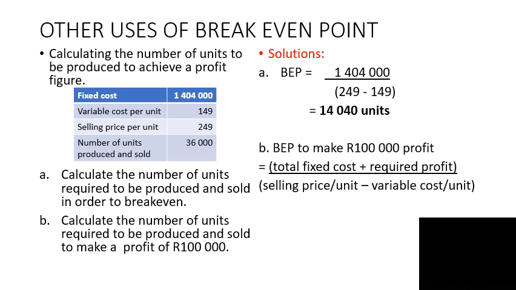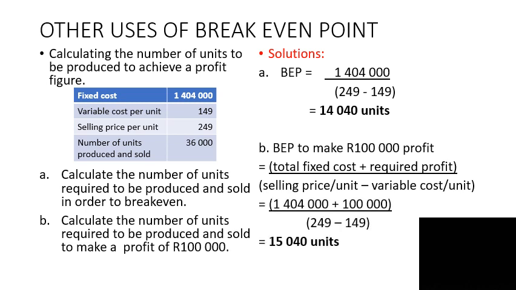Then we divide by selling price per unit minus variable cost per unit. So in this case, our total fixed cost was 1,404,000 plus our required profit 100,000. This divided by our contribution per unit, selling price per unit minus variable cost.